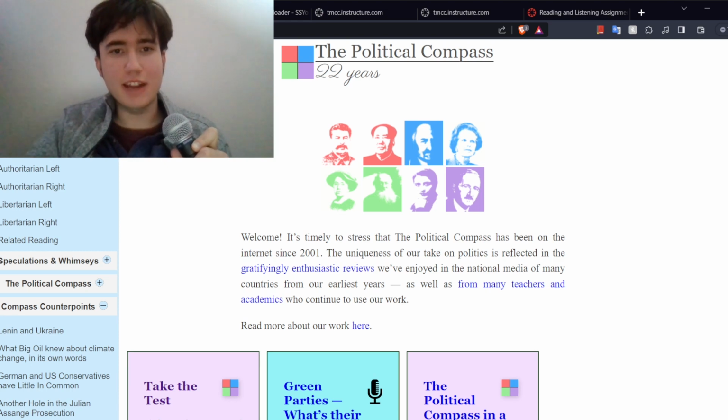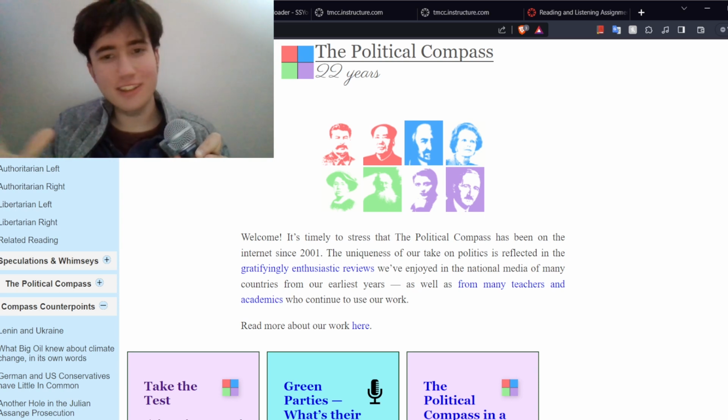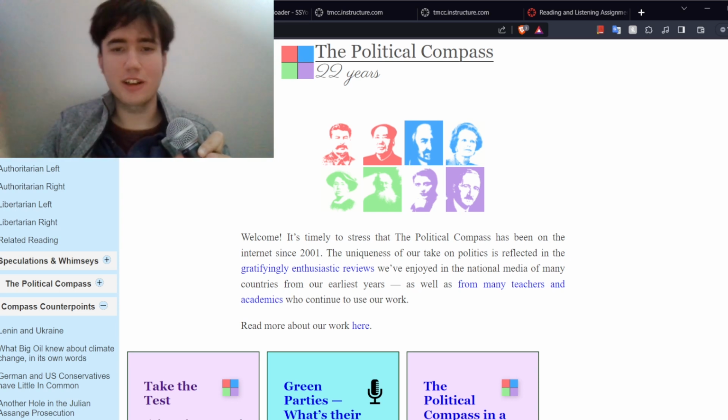But the problem with that, of course, is that it makes politics very two-dimensional, not very complex. Politics is still quite a lot more complicated than this. But this is an interesting start. And you'll notice the x-axis is left and right, and then the y-axis is authoritarian libertarian.